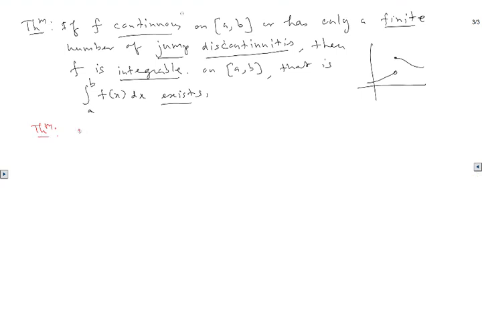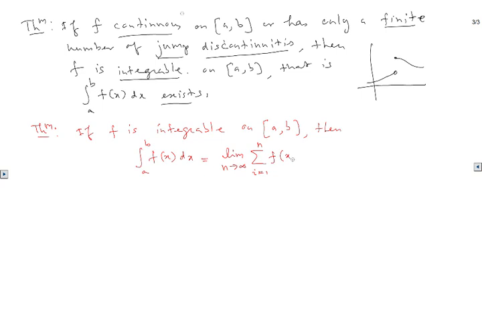The theorem says, if f is integrable on [a, b], then the integral from a to b of f(x) dx equals the limit as n goes to infinity of the Riemann sum, i going from 1 to n, f(xi star) delta x.